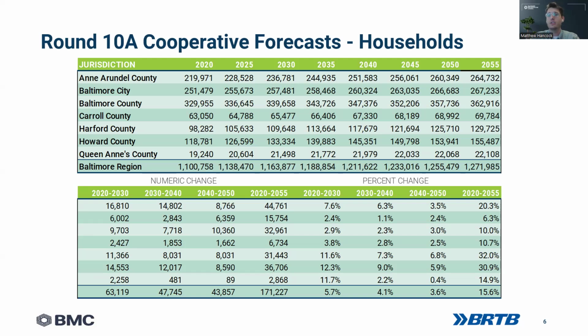So while regional population is expected to grow by 11.3% through 2055, households are growing at 15.6%, about 4 percentage points over what we see population growing at.